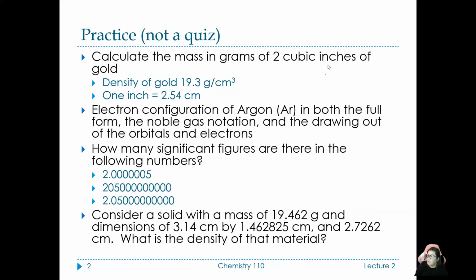So I'm now going to erase what I had there. We'll go back to the writing tool, and instead of dividing by 19.3, I have to multiply by 19.3.